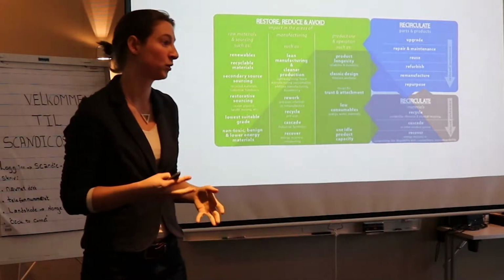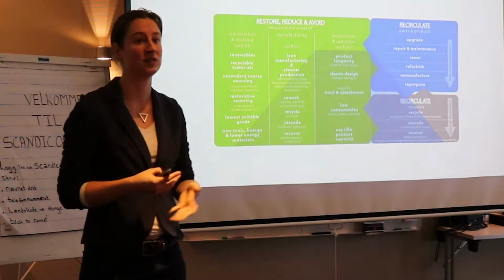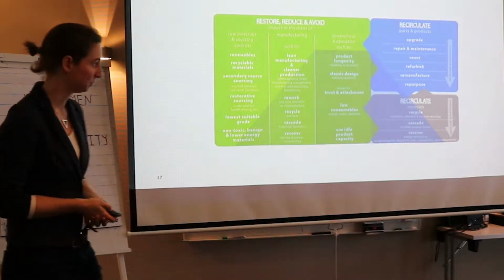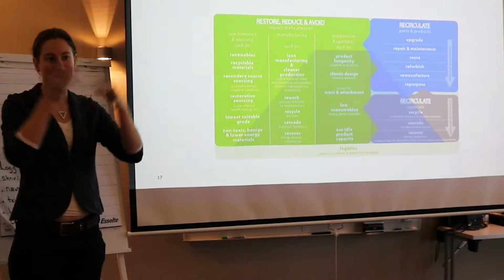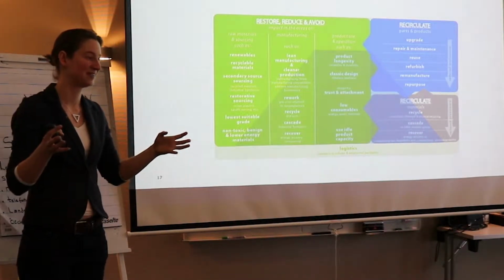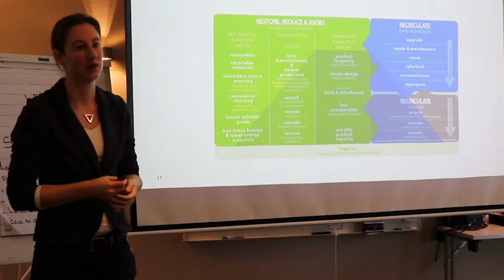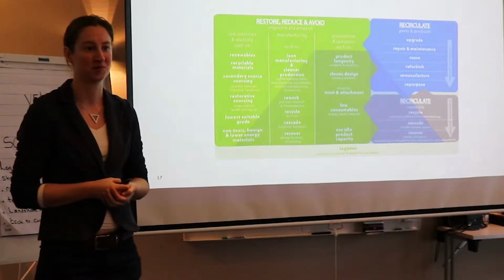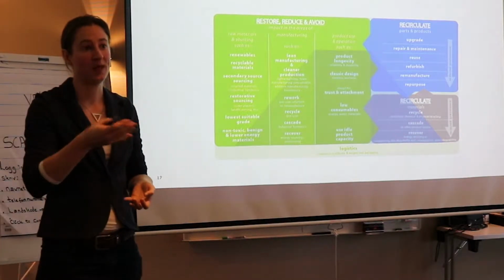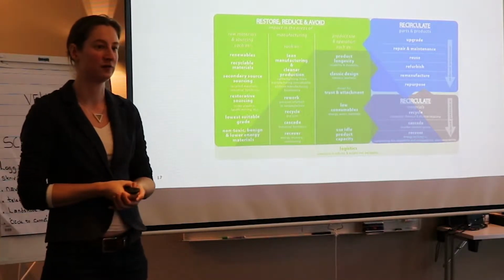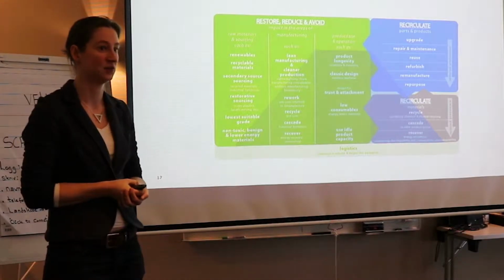Depending on the design of your product, that might become easier or more difficult to perform. And of course, we need to consider the logistics. Not unimportant, especially when there are circular solutions involved. Making sure that there isn't a rebound effect from a logistical perspective is important.